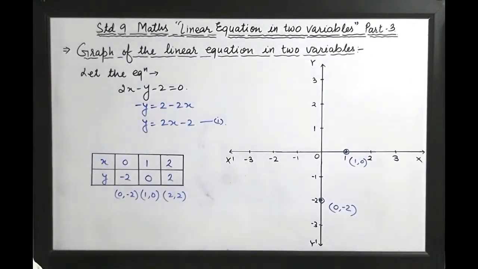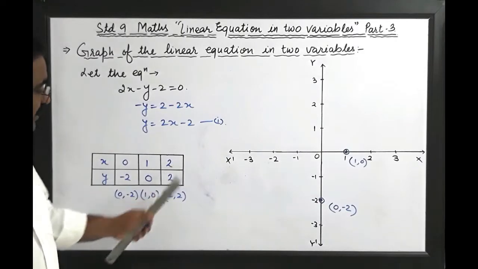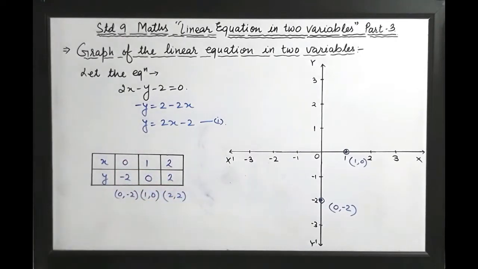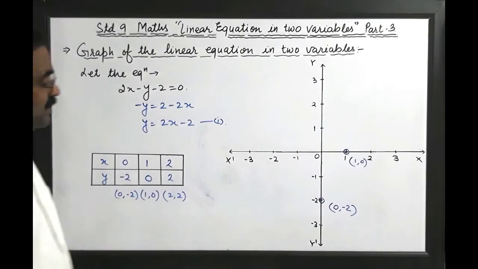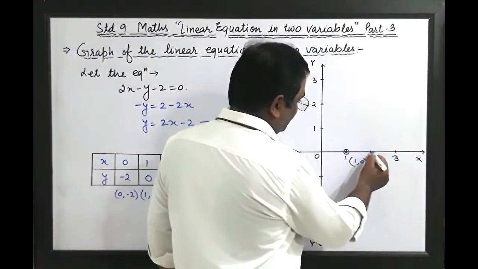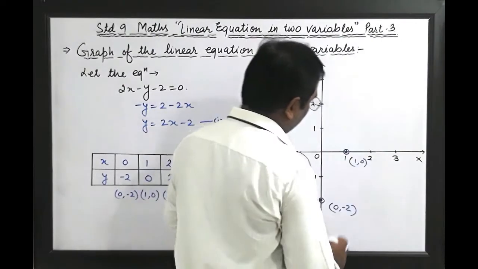Right, children? Now, the third point is (2, 2). So 2 on the x-axis and 2 on the y-axis means this lies in the first quadrant. So 2 on the x-axis, and on the y-axis it is also 2.